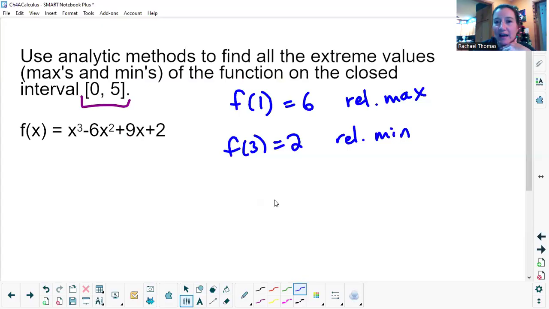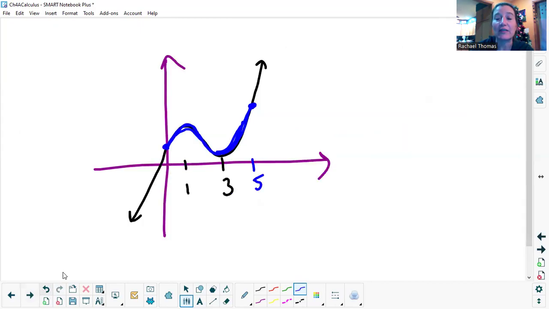And if I'm asking whether there are other potential maxes or mins, I've got to check: is f of 0 higher or lower than my other potential absolute min? And is f of 5 higher or lower than my other potential absolute max?